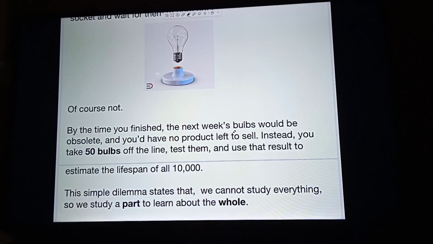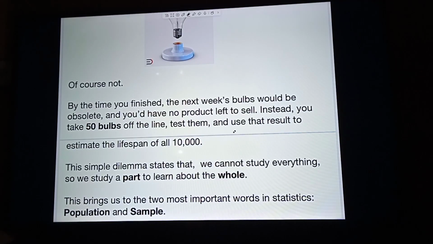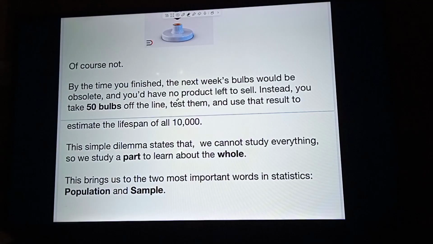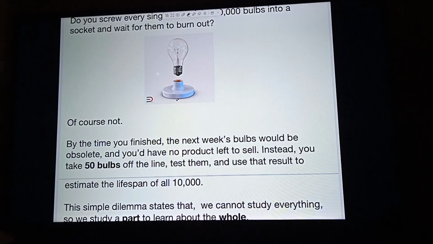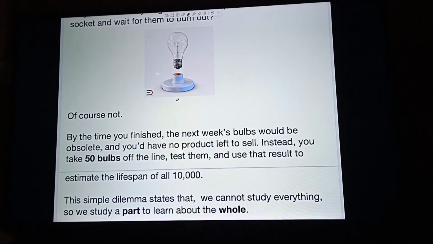What we will do, we cannot test all 10,000 bulbs by plugging them in and waiting for each one to burn out. That would take days, cost money, and destroy all the bulbs. So we'll take a sample.